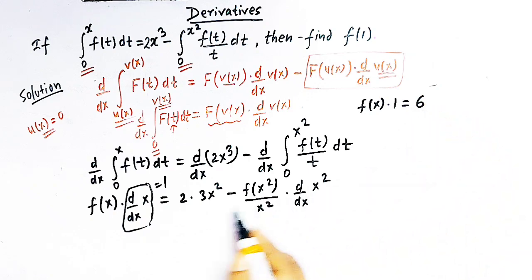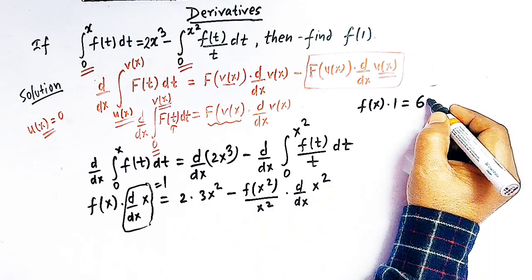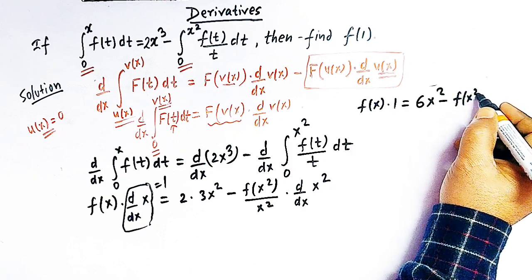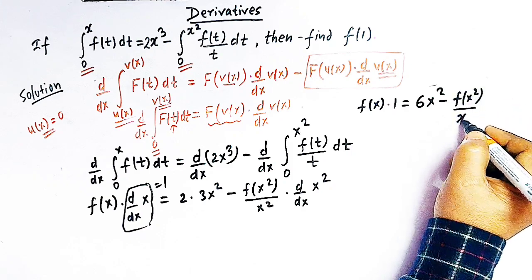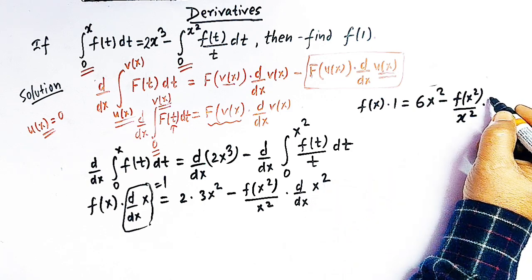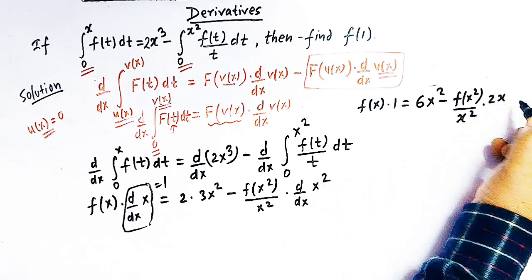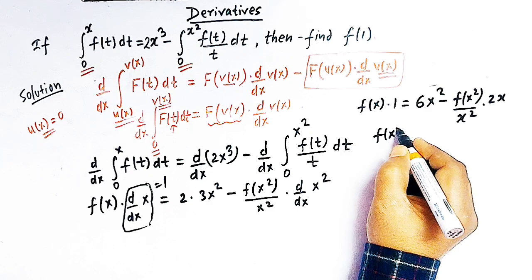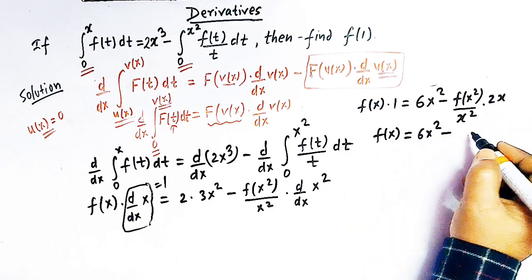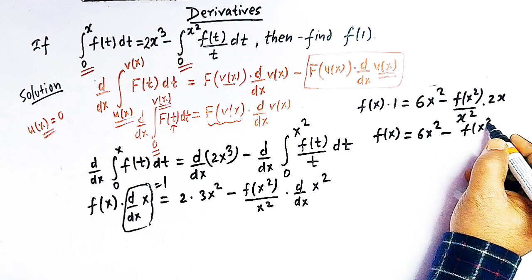Then here we have 3 times 2 is 6, 6x square, and here we have f of x square over x square, and the derivative of x square with respect to x is simply 2x. So now we can write f of x. Here we have 6x square minus f of x square.